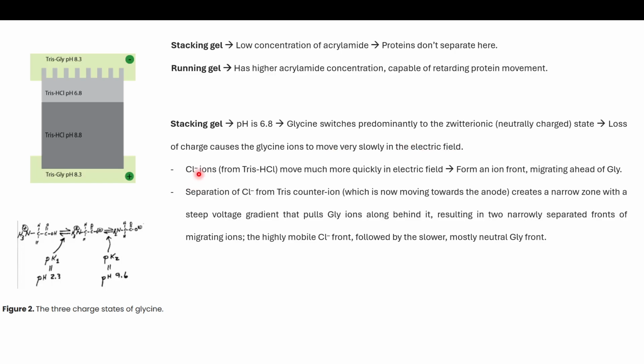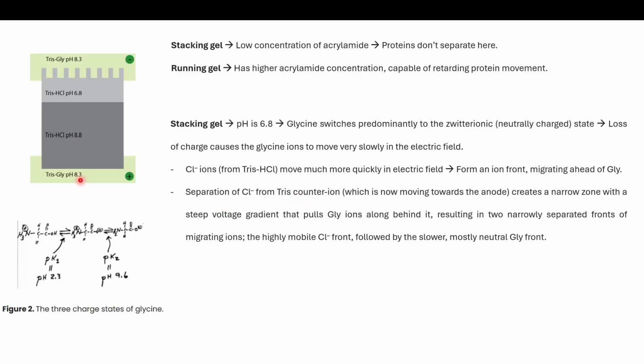However, you have chloride ions from the Tris-HCl buffer, which move much more quickly towards the positively charged electrode. Hence chloride ions form an ionic front which migrates ahead of glycine, with separation of Cl- from the Tris counter ion.